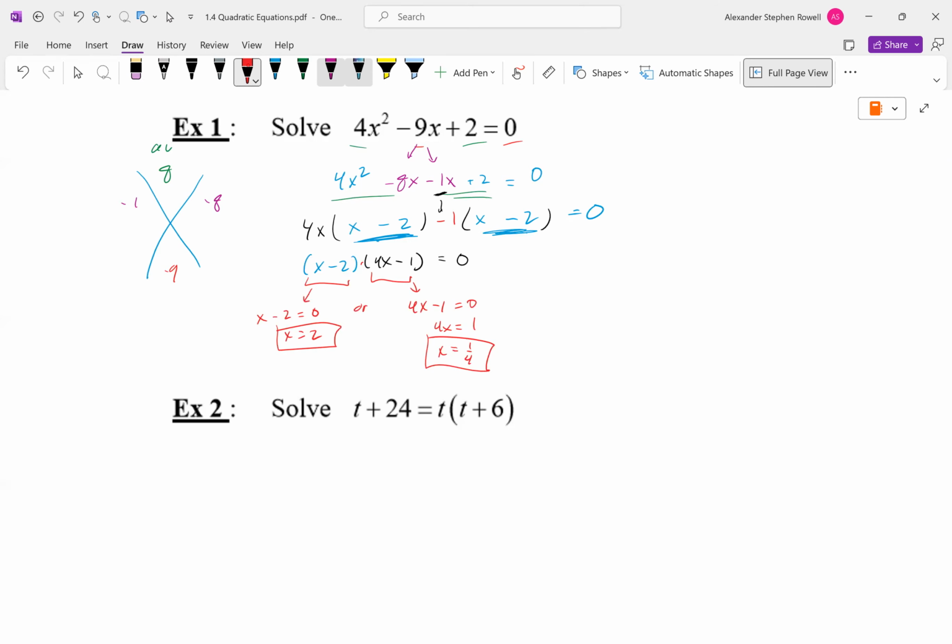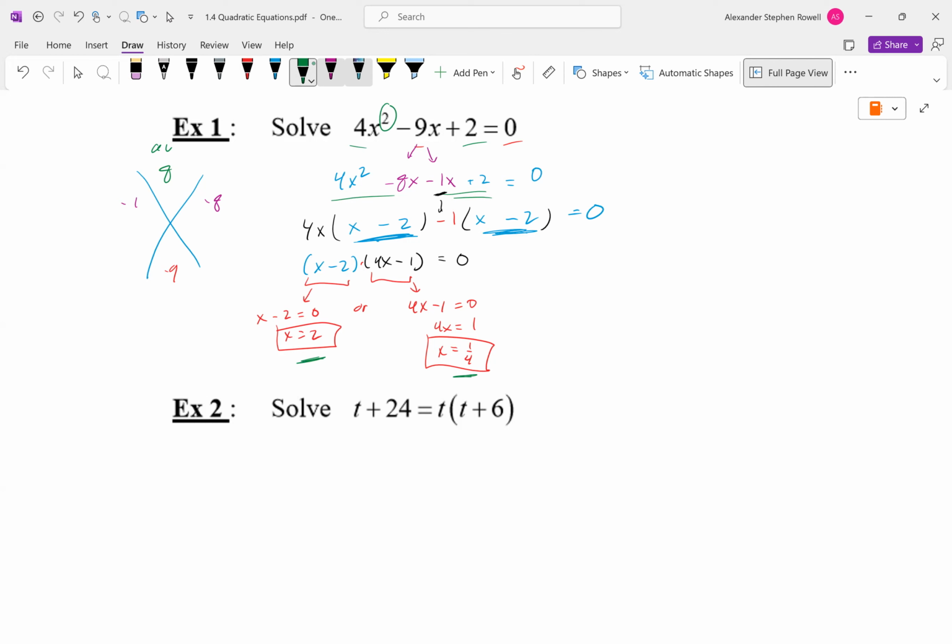Can we believe these solutions? Yes. Assuming I didn't make a little mistake, these are in fact solutions. I don't have to check them, but I can. So quadratic equations can have two solutions. A little different, right? We never had that for linear equations. How many solutions could we have for a linear equation?